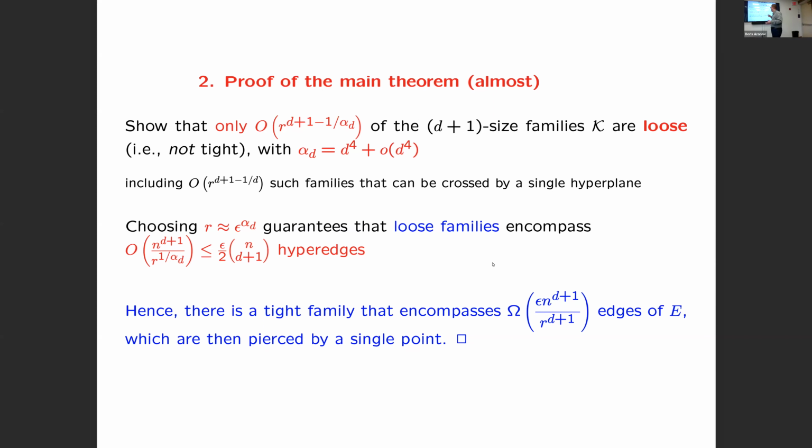Therefore, using the pigeonhole principle, one of these collections of d plus 1 partition simplices is going to contain many d plus 1 tuples of points, which are actual edges in our hypergraph, and all of them are going to be pierced at once, and that's the end of the story.